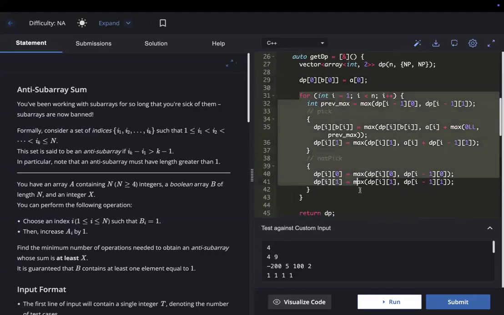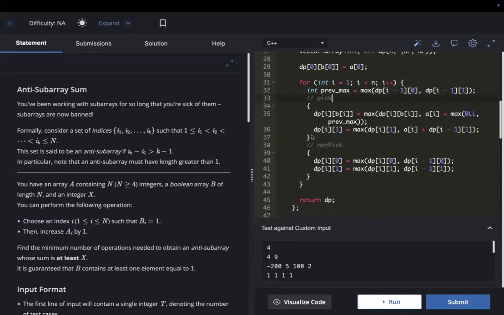Then for every member from 1 to n, if I pick up a guy, whatever the Bi value of that guy is, this would be updated with the value of the current guy plus the previous max that I could get so far. That is for the last guy, whether we have got any Bi equal to 0, Bi equal to 1 so far or not.